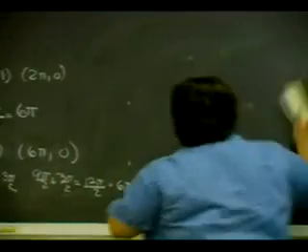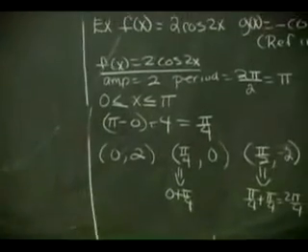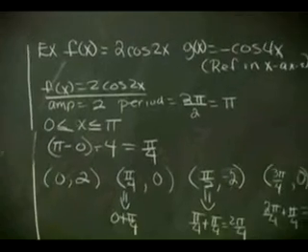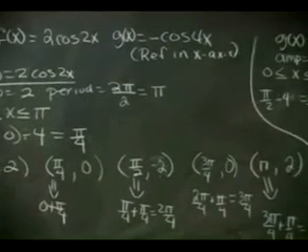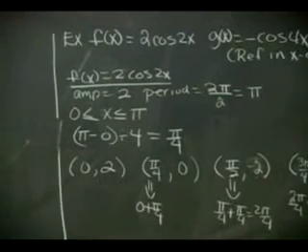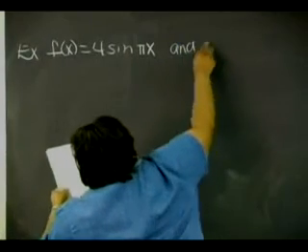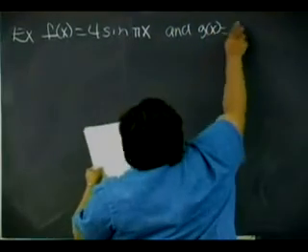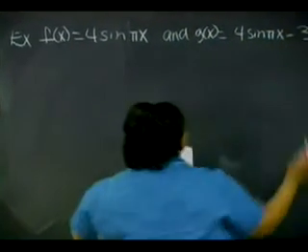Well, they put that D in there. And they want us to graph this on the same set of axes. Suppose we have f of x equals 4 sine pi x, and we have g of x equals 4 sine pi x minus 3.